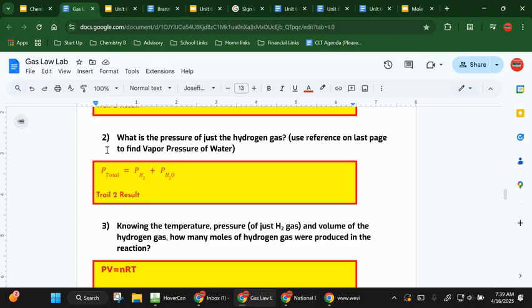Now, the nice part about that water that is in there is a predictable way to find it. In other words, we can go to a reference book, we could go to Google, we could go to any reference material that we want and find the vapor pressure of that water. The pressure of the water created by bubbling it through water at that temperature.